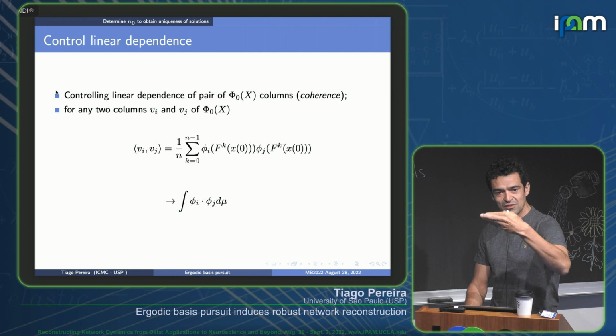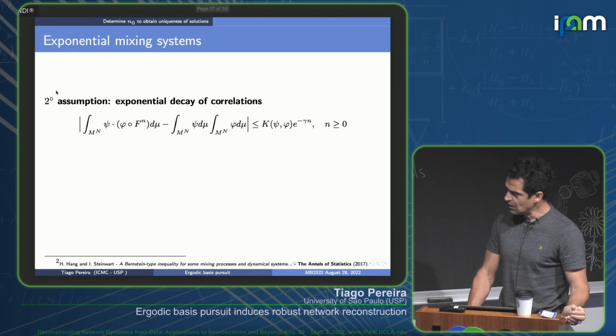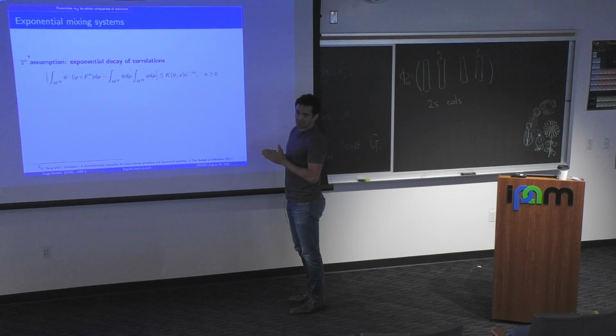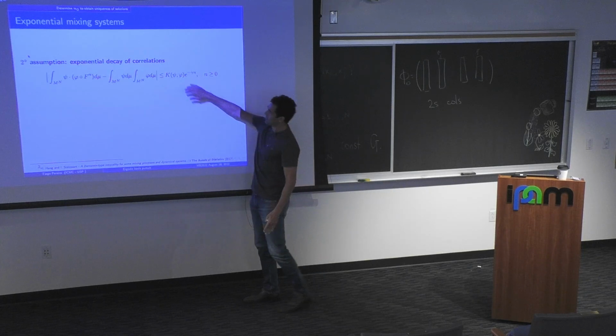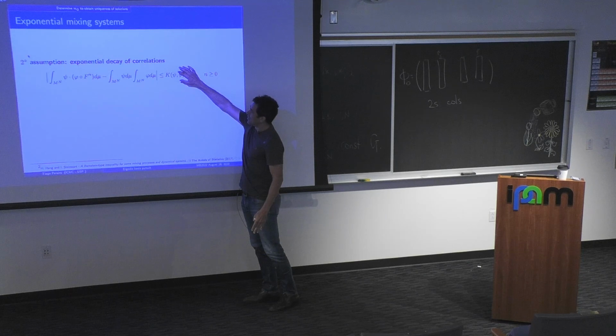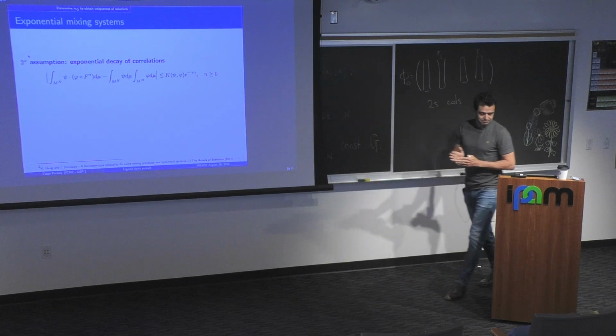I need something that is stronger, which is called exponential decay of correlations. By exponential decay of correlations, it basically means the system is losing memory exponentially fast. So let's not bother about this equation. This equation says the system loses memory exponentially fast.